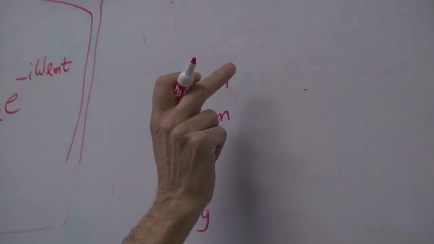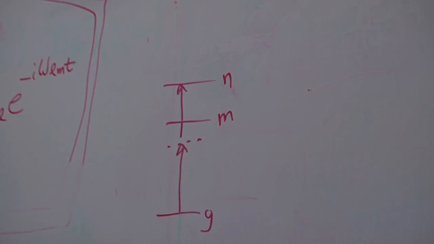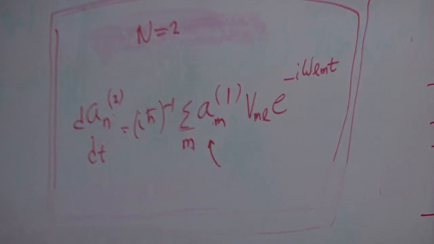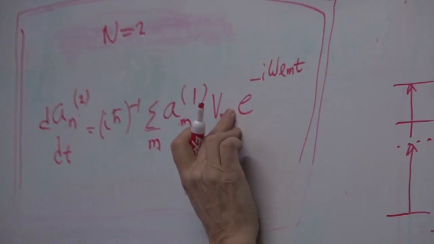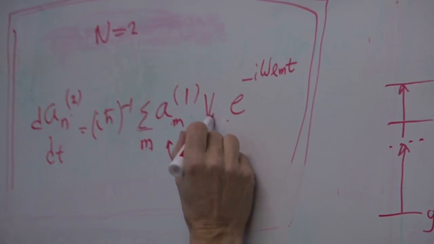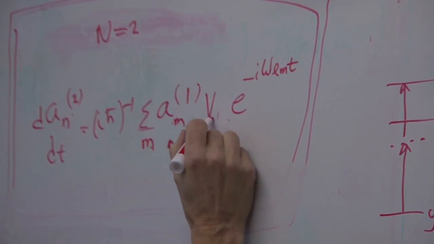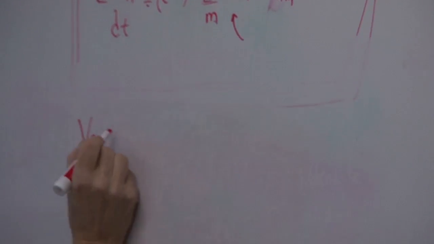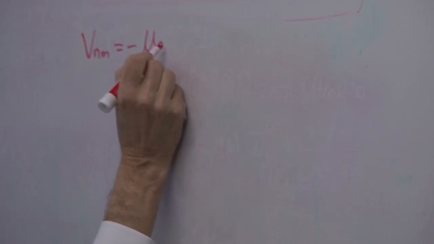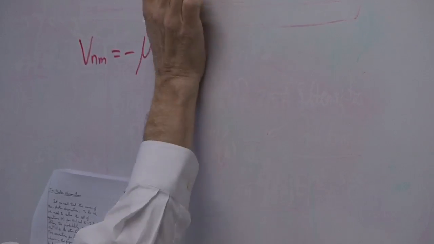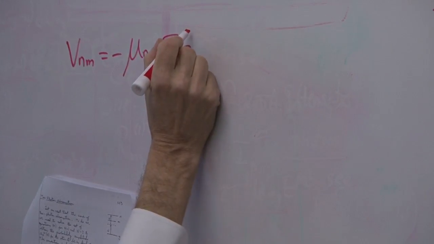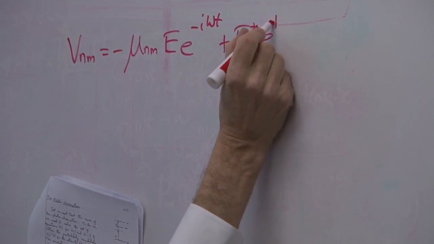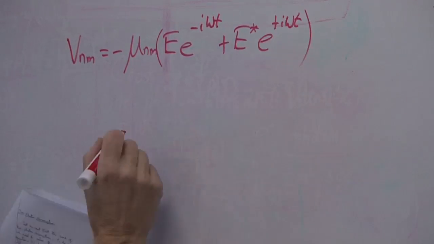So this is level M, this is level N. So we want this to be N, and we want this to be M, and we want this to be V, N, M. Okay, so now V_nm will be minus mu_nm E e to the minus i omega t plus E star e to the plus i omega t, like so.